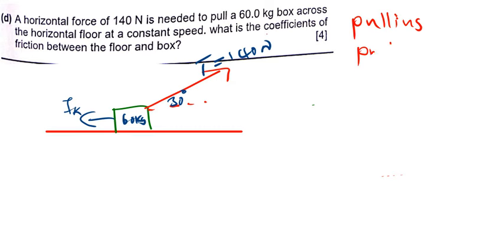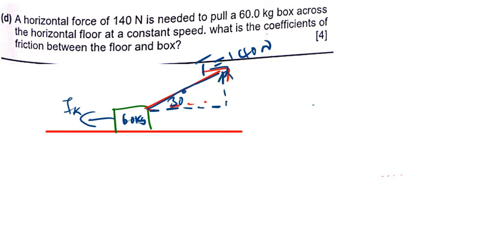Have you seen what I've done here? You are pulling it, but now it is at an angle. You are not pushing, you are pulling. Now when you are pulling, you draw a line from here, then there you need to put an arrow showing where you are pulling it, meaning that vector has an x component and a y component.